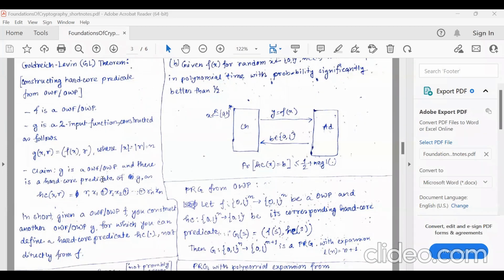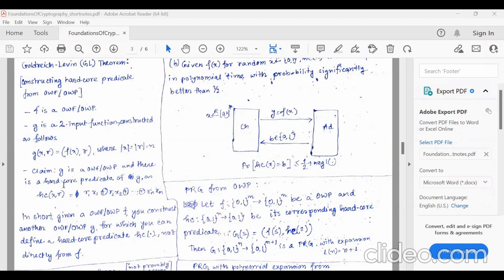And what is the hardcore predicate here? The hardcore predicate is given as a random subset sum of the value x. You perform r1 x1 XOR r2 x2 and so on till rn xn, where both x and r are n-bit vectors, with each element being 0 or 1.